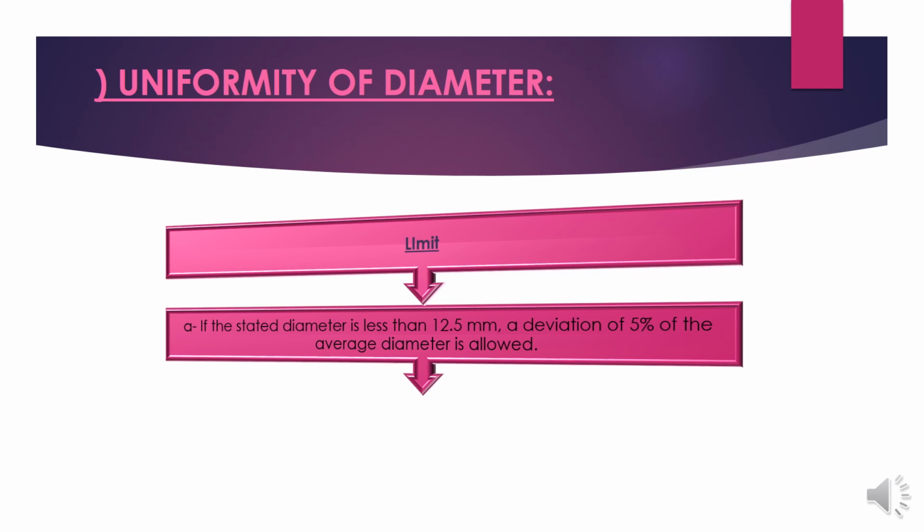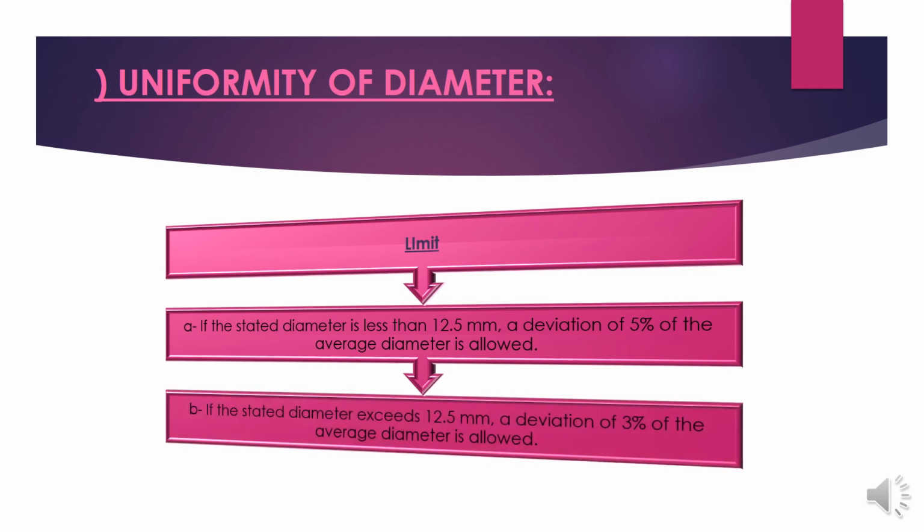You have to calculate the 5% of that, and then make an upper and lower limit for the acceptance or rejection of the tablets. So in case of less than 12.5 mm, your allowed limit is 5%.